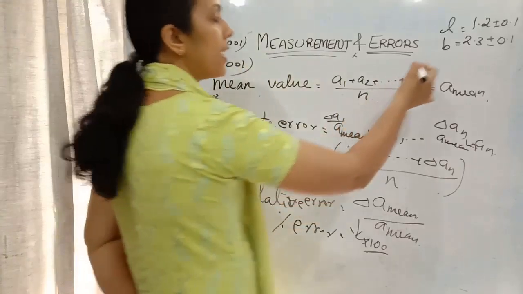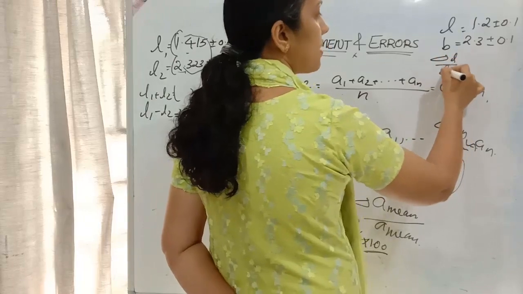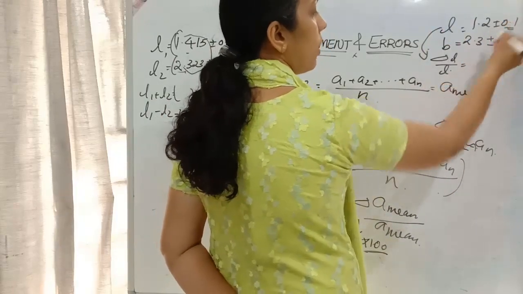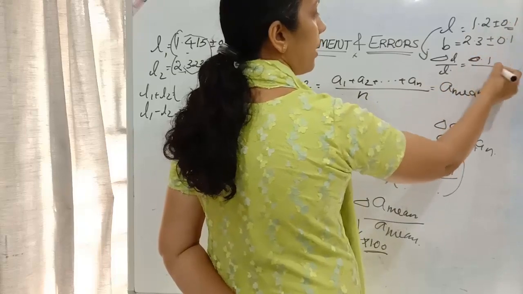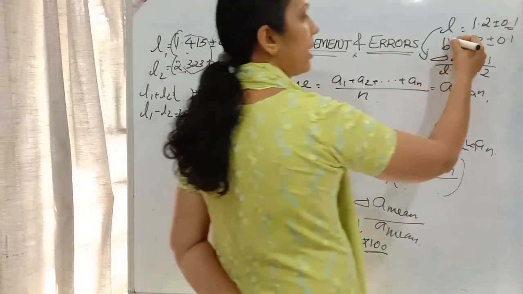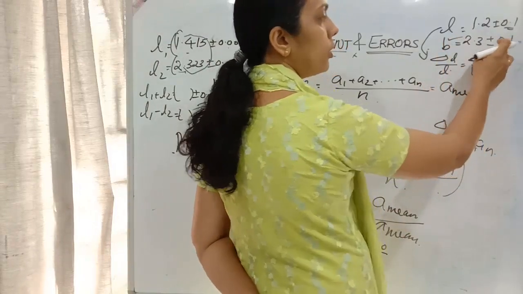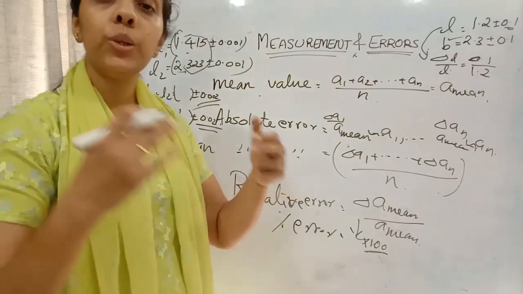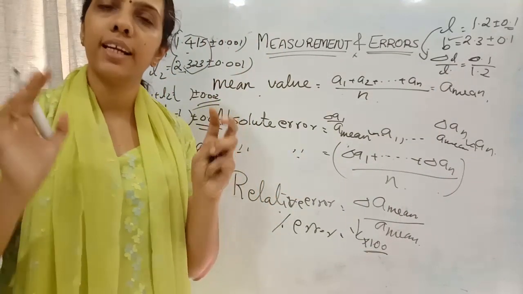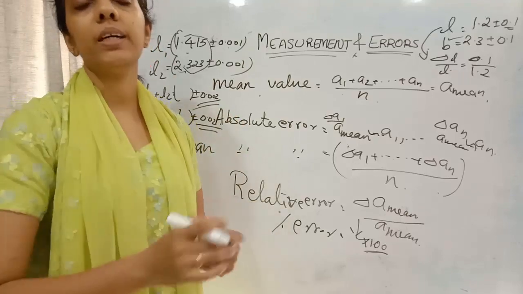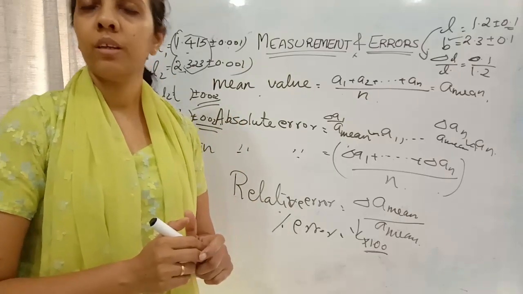Relative error means delta L by L. This is the relative error for the length, right? Delta L, the difference in length, is 0.1 divided by the original one, 1.2. And relative error of B means 0.1 divided by 2.3. Those errors should be added up. If it is multiplication or division, relative errors should be added up. Okay, clear?